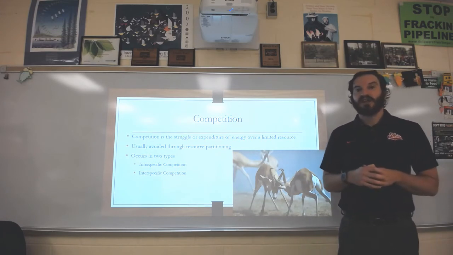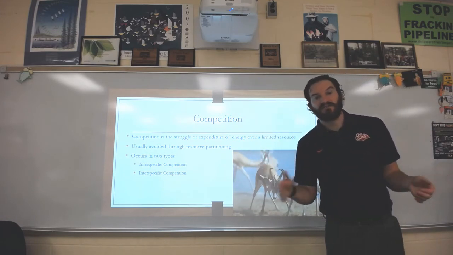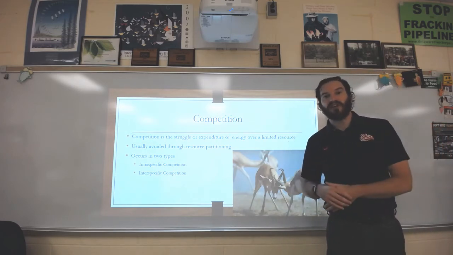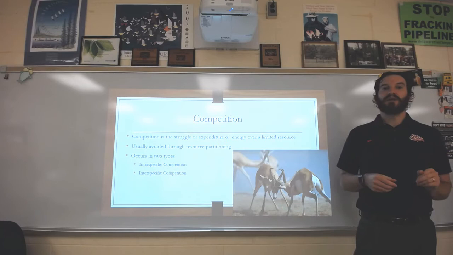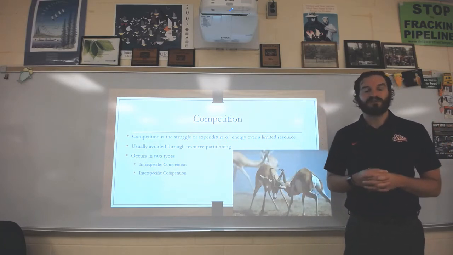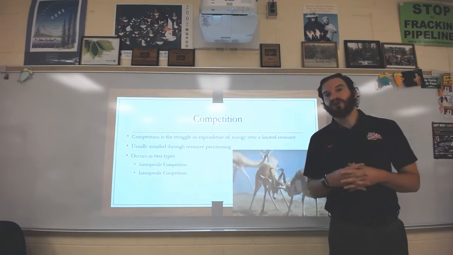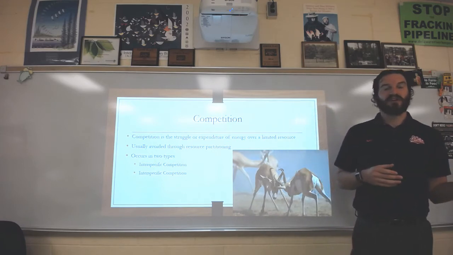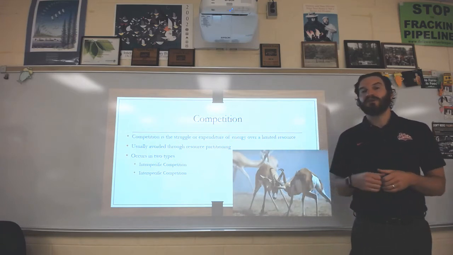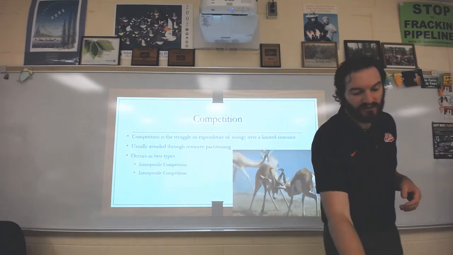Interspecific competition is when you are competing against a different species. So it might be humans and bears competing for salmon as they migrate. It might be wolves and coyotes competing for food off a carcass or something like that. That is interspecific. So intraspecific is when you are competing within your own species. Interspecific is when you're competing against another species.